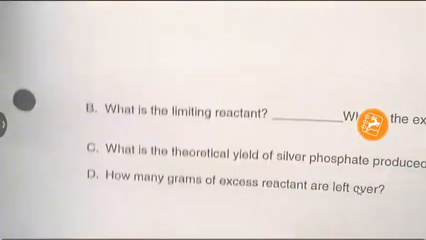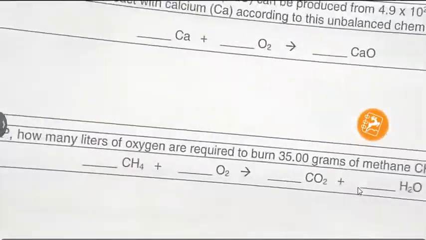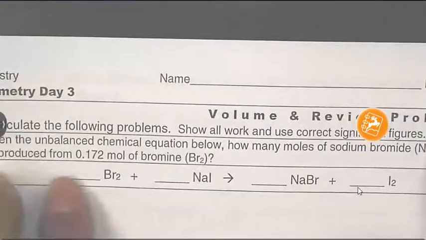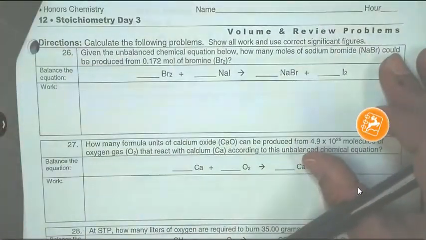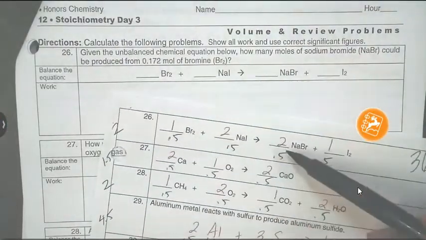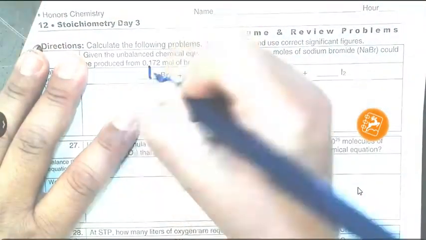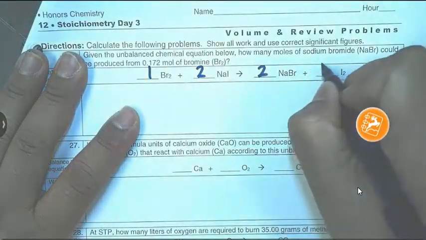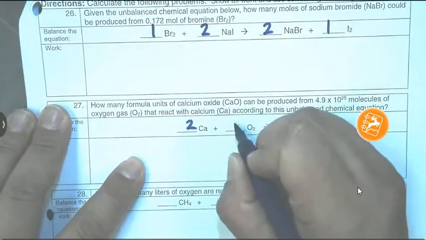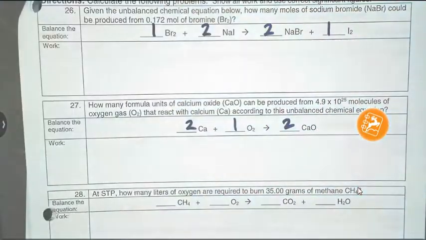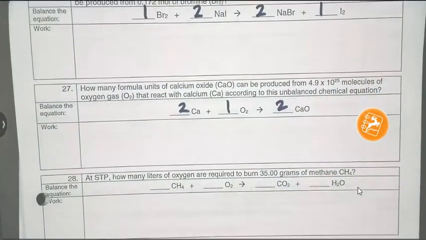And what we want to do now is turn to number 26. We're going to fill in these numbers. For 26, you should have 1, 2, 2, 1, right? 27, 2, 1, 2, and so on. You're going to do that for the rest of the packet. So go ahead and do that, and when you're done, we'll continue with the notes.